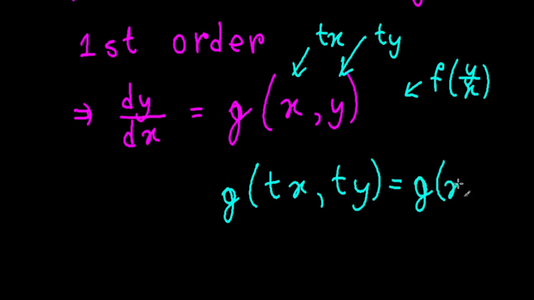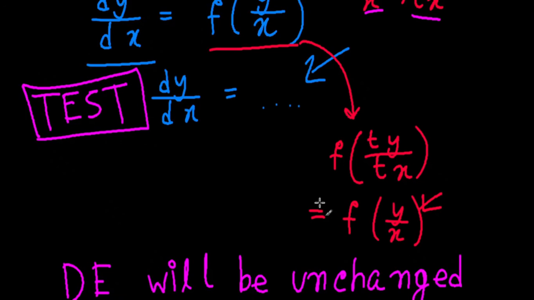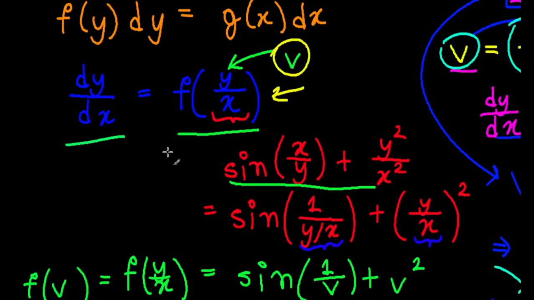So this should reduce to just g, the same function g of x and y. So that's basically your test for finding whether you have a first order homogeneous equation in your hands or not.